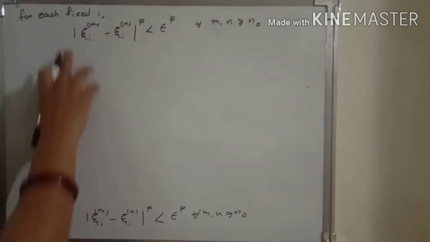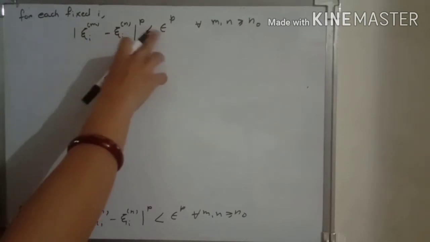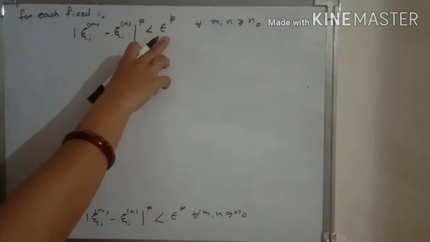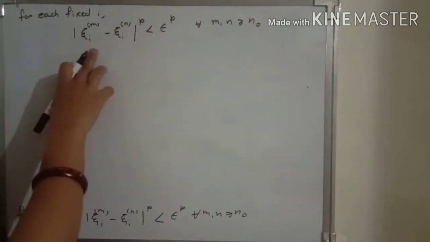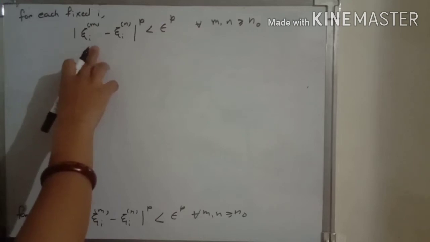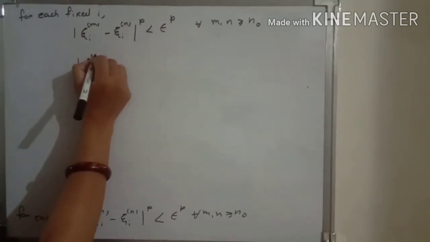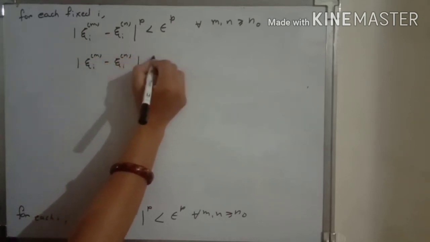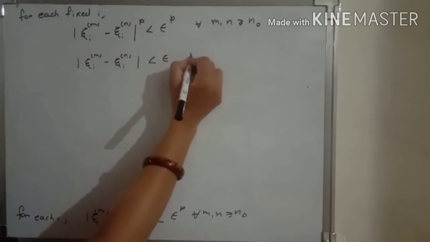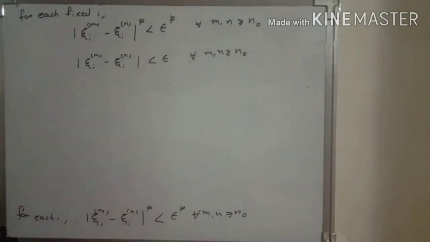Now here again it is the absolute value, therefore it is always non-negative. Epsilon is always non-negative, so we can take the pth root on both sides. We get mod of xi im minus xi in is lesser than epsilon for all m, n greater than or equal to n naught.